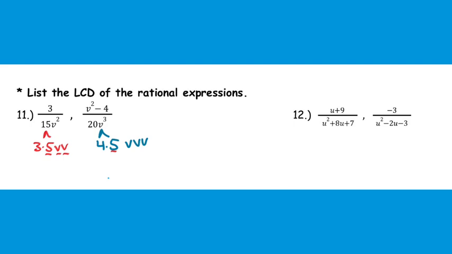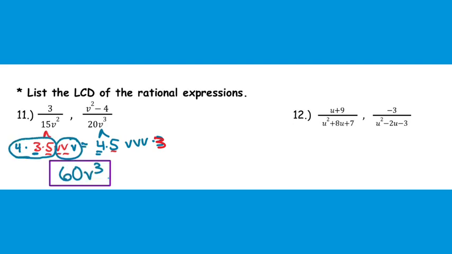So the first fraction is missing a 4 and a v, and the second fraction is missing a 3. Once you give everybody the same thing by multiplying, you can see what they are now that they're the same. Well, 3 times 5 times 4 is 60, and v to the 3rd power.